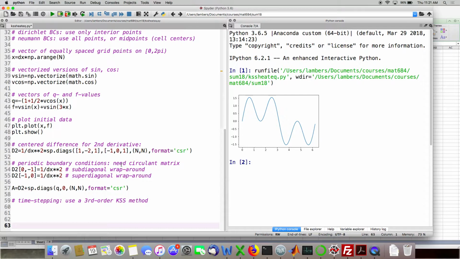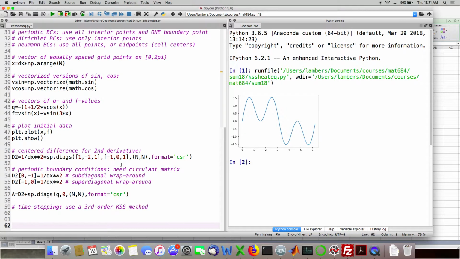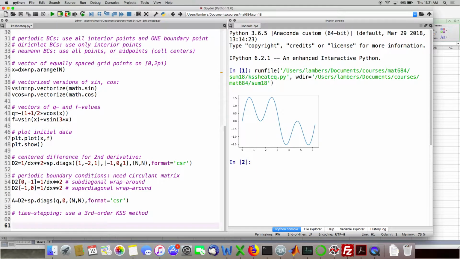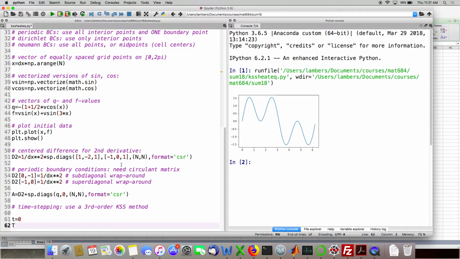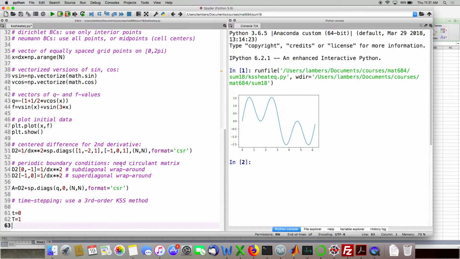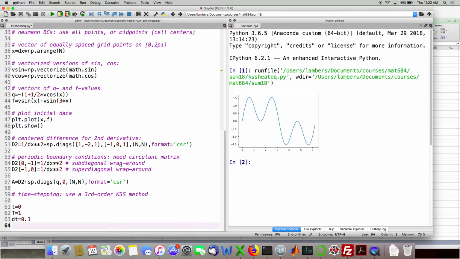And the reason why is, well, actually, first I'm going to put a framework in here. I'm going to set my time to be 0. I'm going to make up a final time, let's say 1. And if I need a time step, the dt or delta t, I'll just pick 0.1.